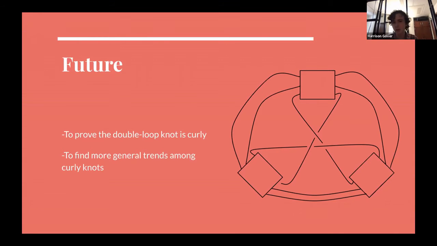But an interesting concept to continue this is the idea that we can have some kind of big equation, representing a number of boxes or a number of circles, that can end up proving whether or not any given knot is curly. This is an interesting concept, and I definitely think it's a good future for this kind of research.